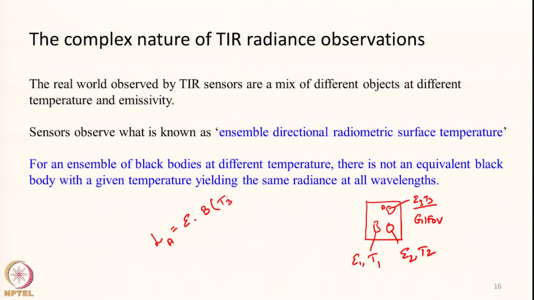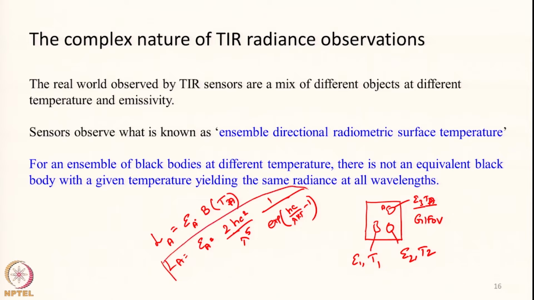So, here I will write Ta, this is object A. What is Planck's function? It is 2hc² by λ⁵ times 1 by exponential of hc by λkT minus 1. So, this will be the radiance from one particular object, say object A.